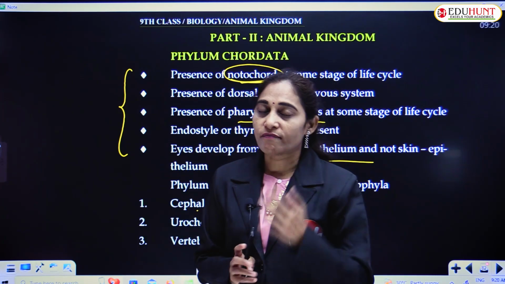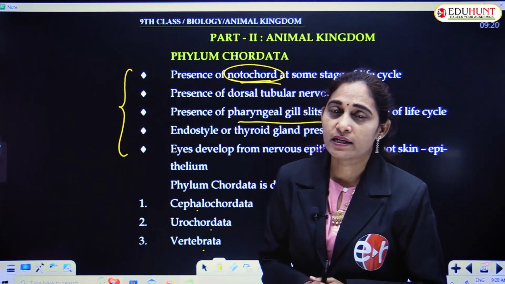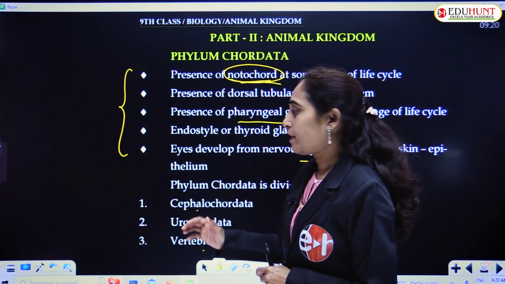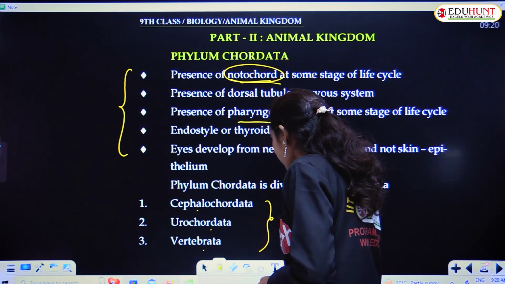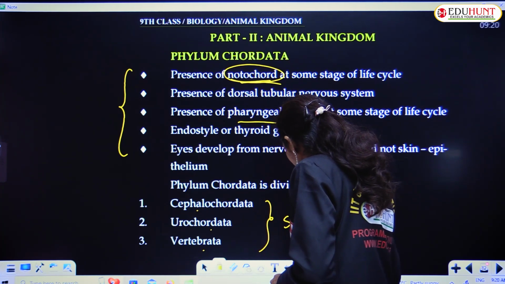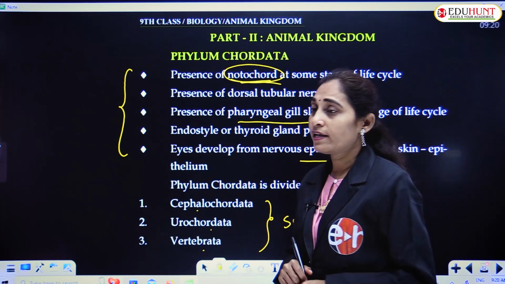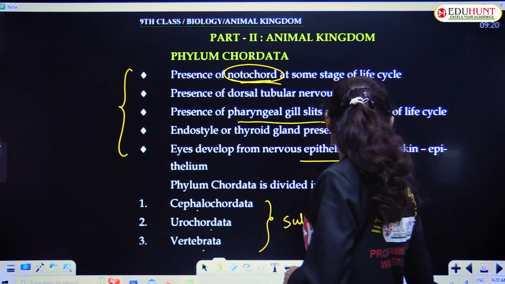One is cephalochordata, second is urochordata, and the next one is vertebrata. These are the 3 subphyla of the phylum Chordata.